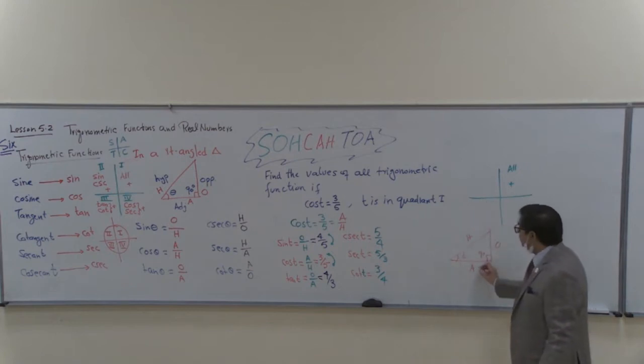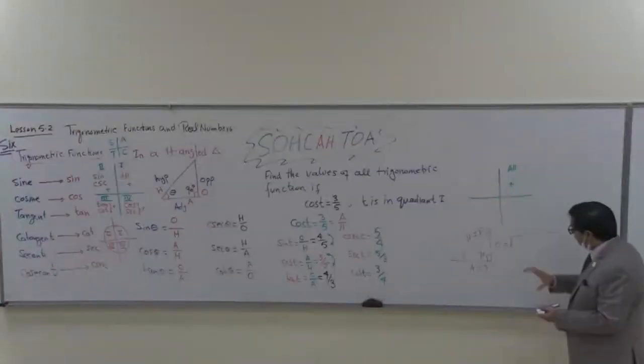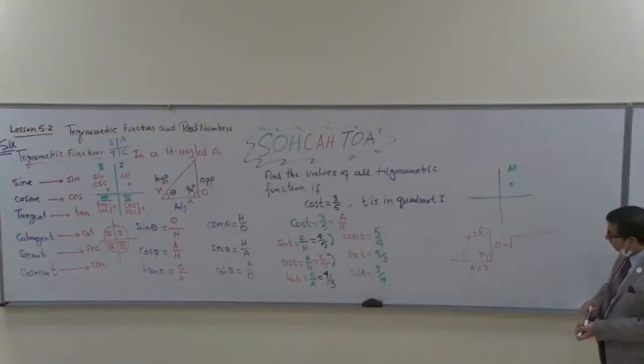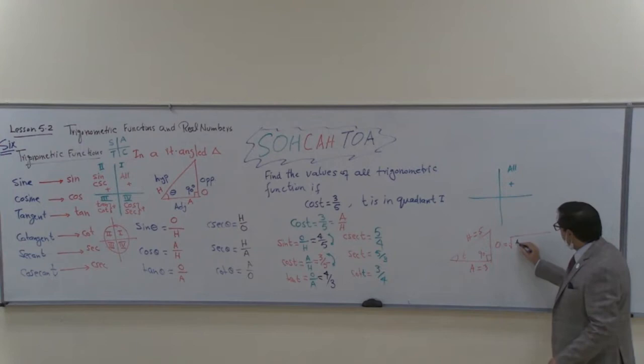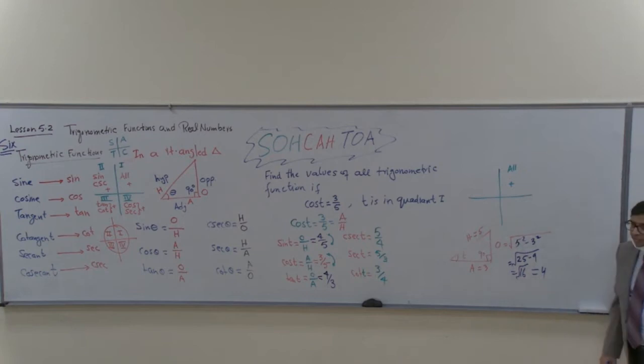And A was given 3, H was given 5, and O you calculated like this. I told you always this is a leg. Leg is calculated this number square, 5 square minus 3 square, which gives you 25 minus 9, and which is 16, square root is equal to 4. I hope you understand this one.